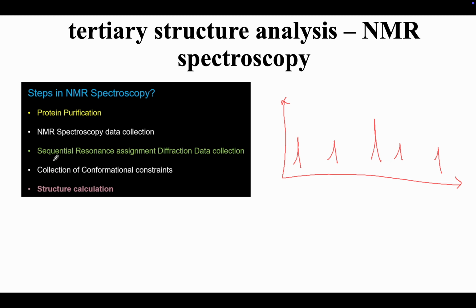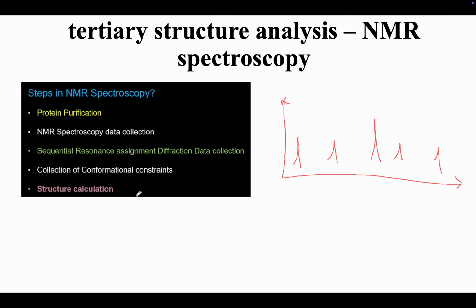The next step is sequential resonance assignment and data collection. The machine will do the data collection depending upon the distances of the atomic nuclei, and we will get a chemical shift of the different secondary structures as shown here.